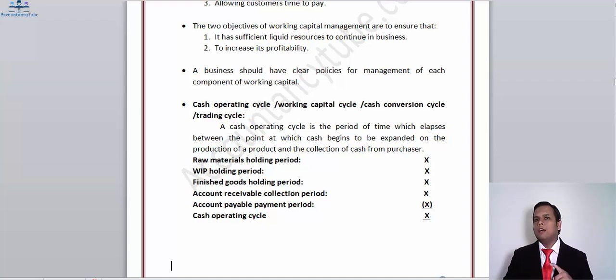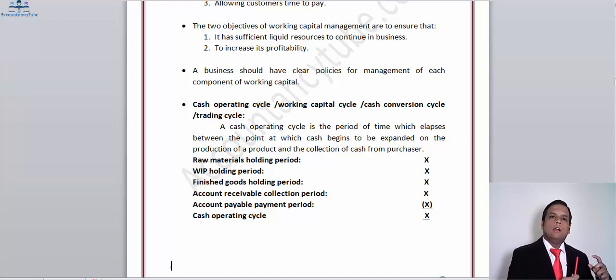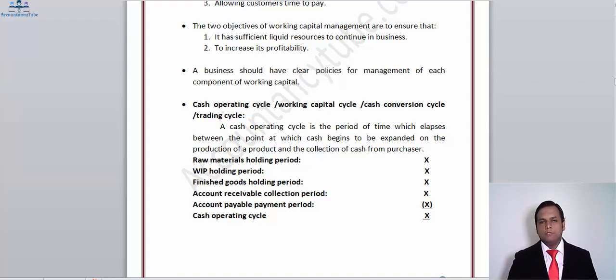The first point would be the point at which you obtain the supplies, then you pay the supplier, do the production, and eventually the time it took for the business to generate the sale and gain the revenue in the form of receivables. So it's the whole cycle from the initiation point to the end point.